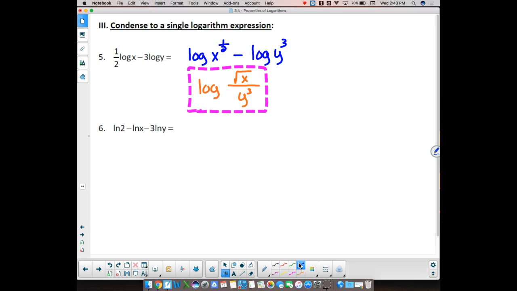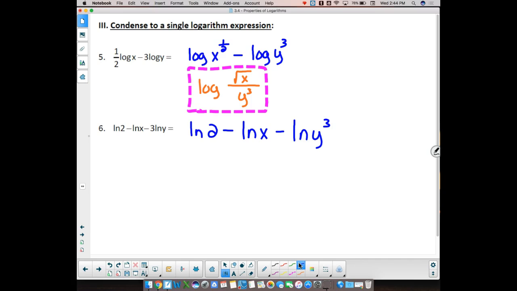I'm going to show you number 6 in a couple of different ways. First way I'm going to show you is left to right. So this would be the natural log, tap the brakes. First apply the power property, which is going to be the natural log of 2 minus the natural log of x minus the natural log of y cubed.